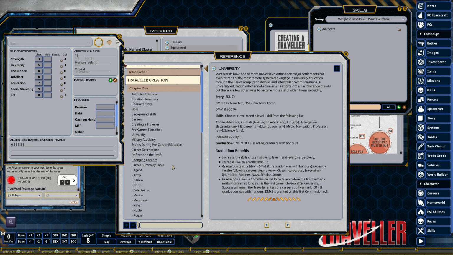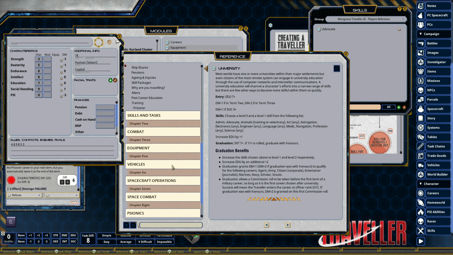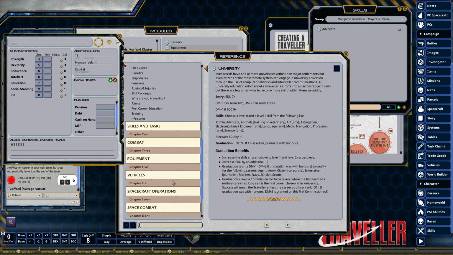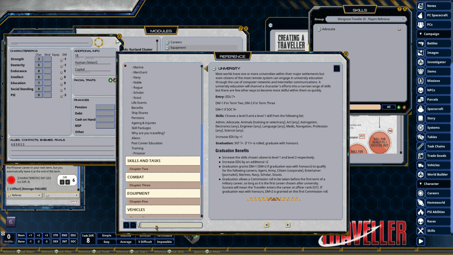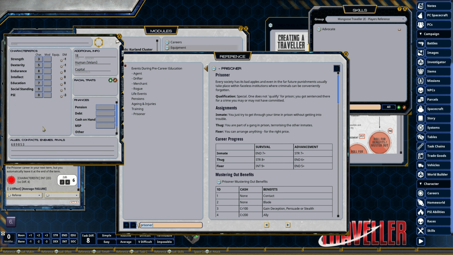So now I have to become a prisoner and try to find where prisoner is. It's in a different spot. Prisoner. There we go. Okay, so 18 to 22, go to college, and then 22 to 26, I am a prisoner.